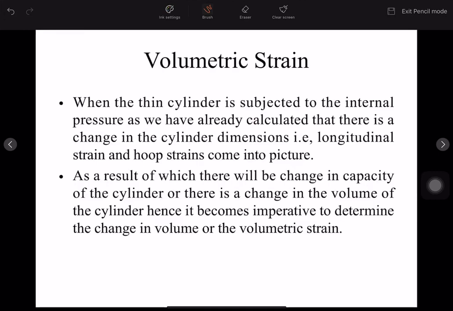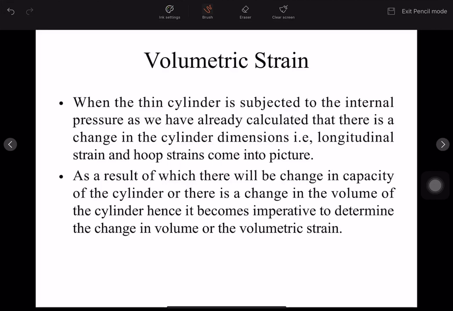In this class, as I mentioned in the previous tutorial, I'll derive the equation for volumetric strain. So what is meant by volumetric strain initially?